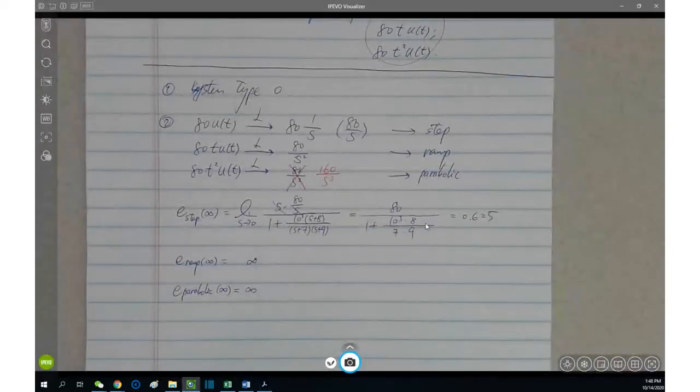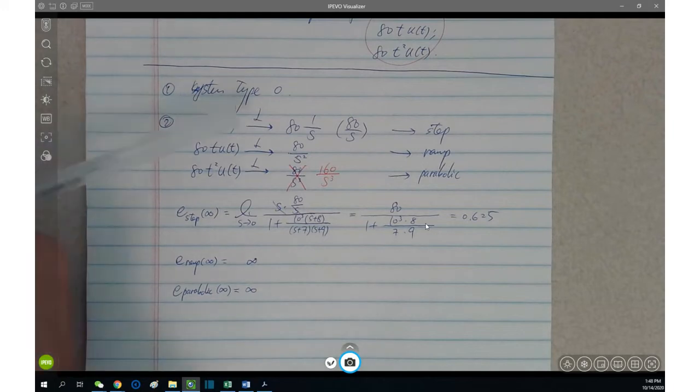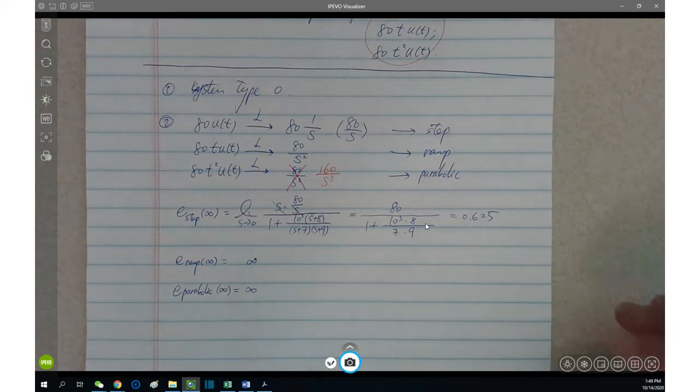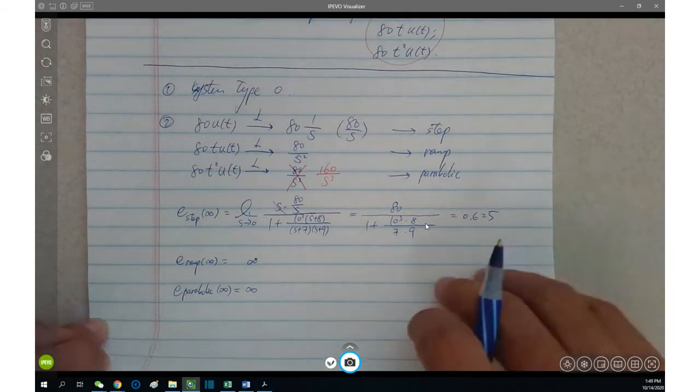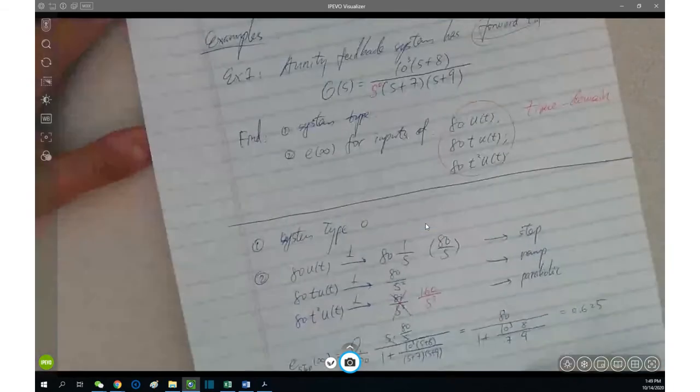It's very easy to make a mistake here. It doesn't matter to this result as it is infinity. However, when it does matter, this 80 and this 160 is half. It's 50% different. Any questions?